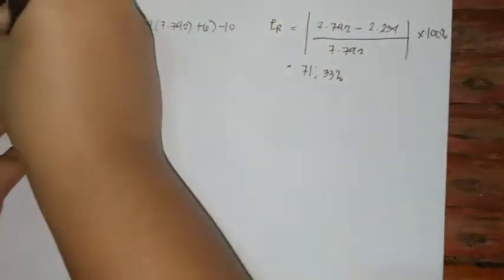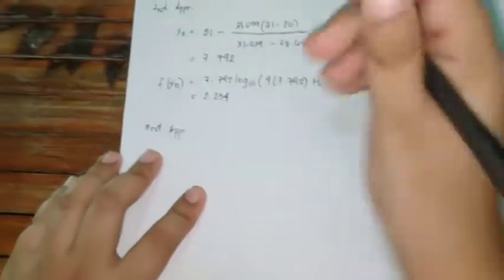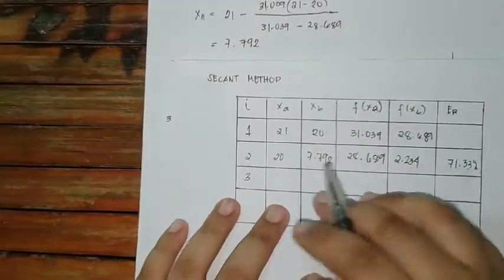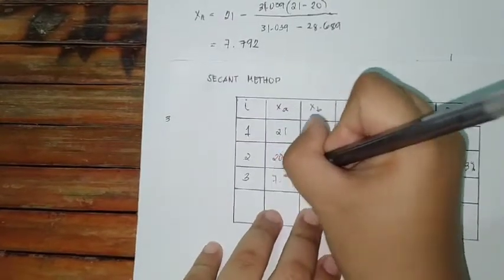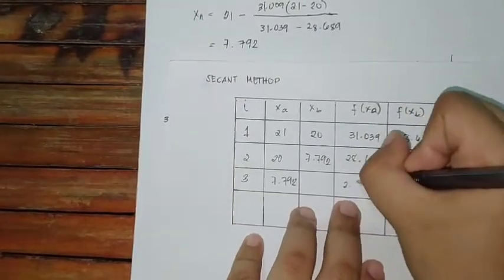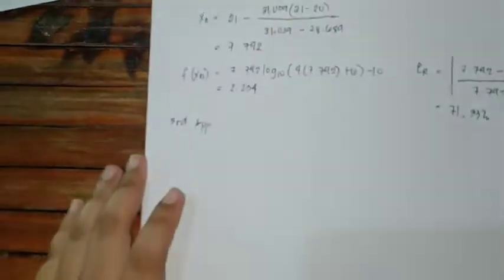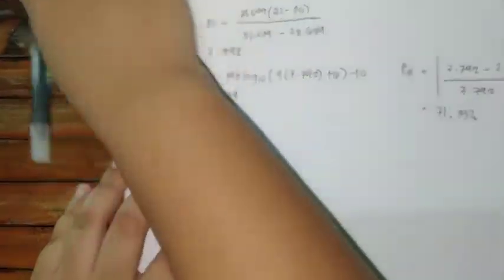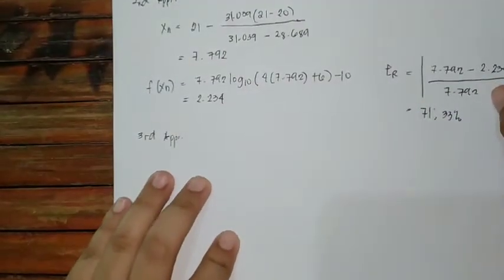Now for the third iteration, our x_a will again be the x_b of the second iteration. So we have 7.792, and our f(x_a) is 2.234. Now again, on the third approximation, to find the new value, we're going to use the formula of the secant method.